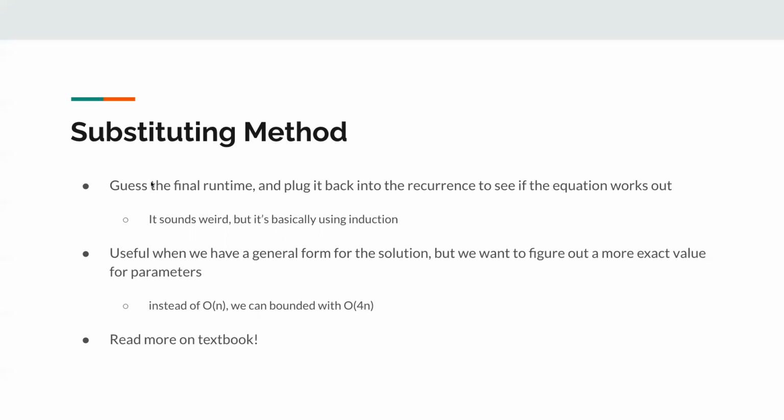The way you do this is you guess the final runtime and then plug it back into the recurrence to see if the equation works out. The idea is that if the thing you guessed is true, then it must satisfy the equation you have. It sounds pretty weird, but it's basically still induction, because you assume everything previously is correct. If you're interested in this, I recommend you read more in the textbook.